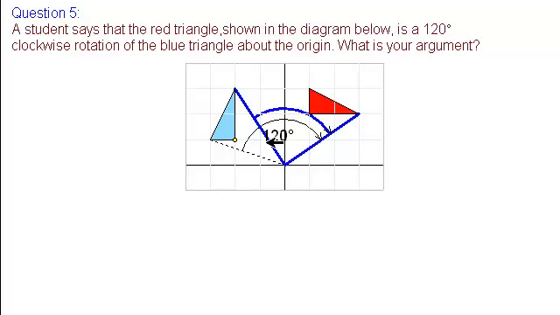In order to find this, how to measure the angle of rotation? The angle of rotation between the pre-image and the image should be measured between the corresponding vertices.